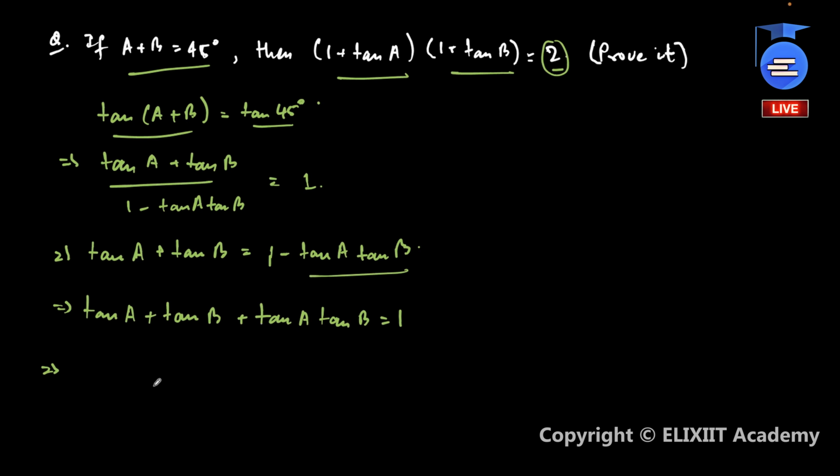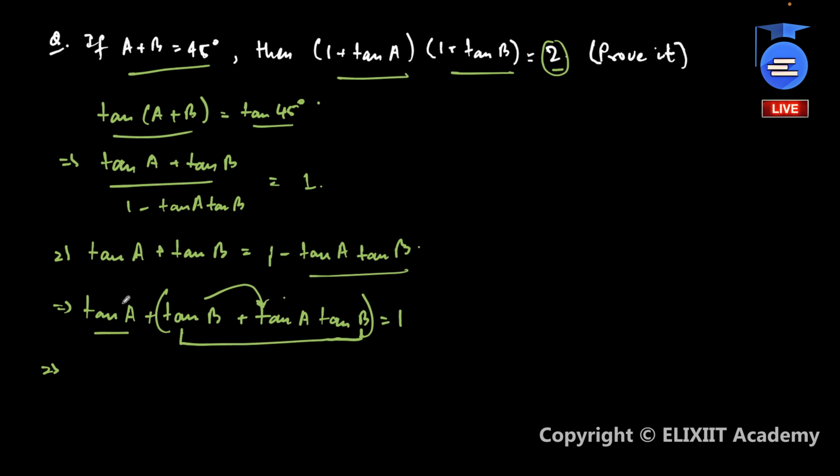One thing I can clearly see is that here I have tan B. If I take out tan B as common, I'll get 1 plus tan A. To bring this factor 1 plus tan A, I will add 1 on both sides. Why are we doing this? Just to bring 1 plus tan A as the factor. From here, if you take out tan B, you will get 1 plus tan A as the factor.